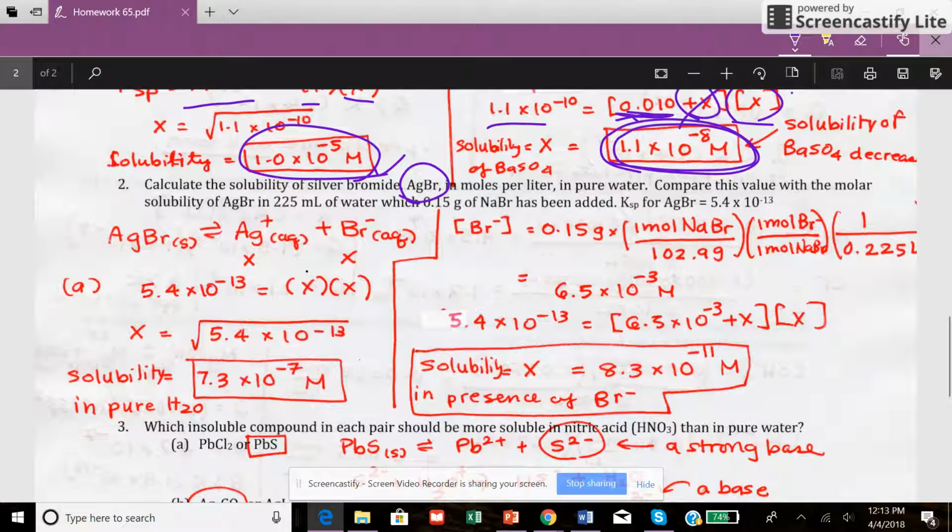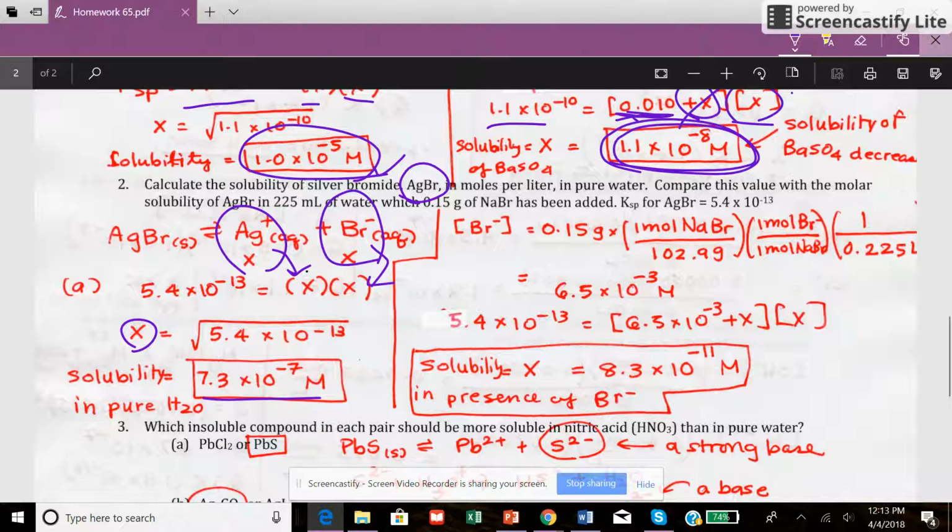If you dissolve silver bromide in pure water, it will dissolve, giving you X mole of silver and X mole of bromide. To find the solubility, you just plug this value into the Ksp expression and solve for X, and that X represents the solubility of the salt.